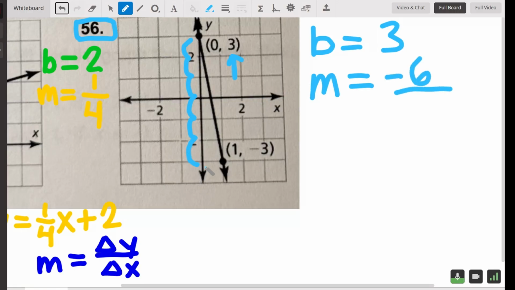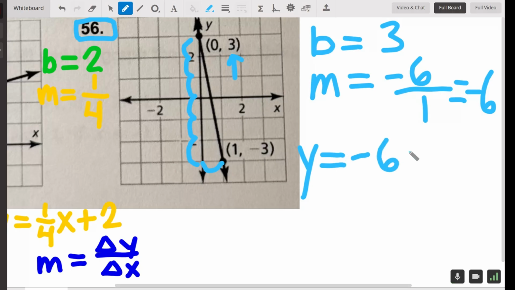And we have a run of 1. Negative 6 over 1, or we can just say negative 6, either way. Now, what would that equation be? Well, the equation we want is y equals mx plus b. Our m was negative 6x. And is it a plus or a minus? Well, it's a plus here, right? Plus 3. Our b, or our y-intercept, was 3.